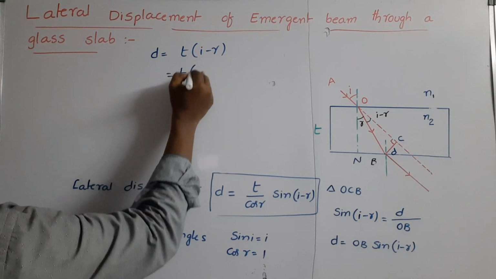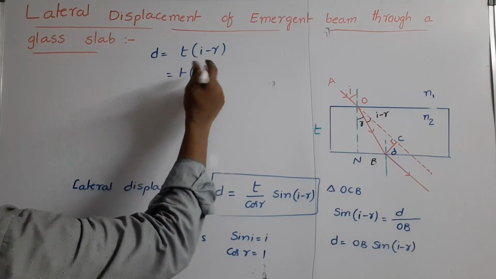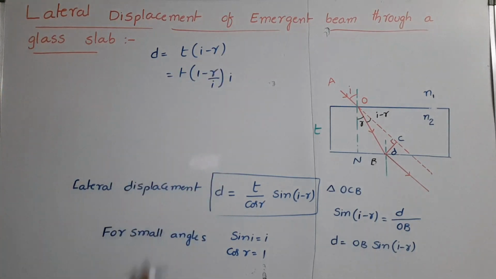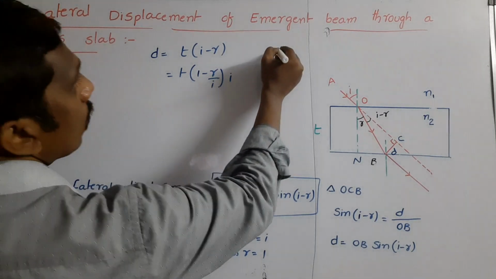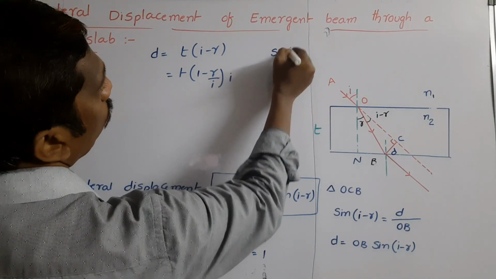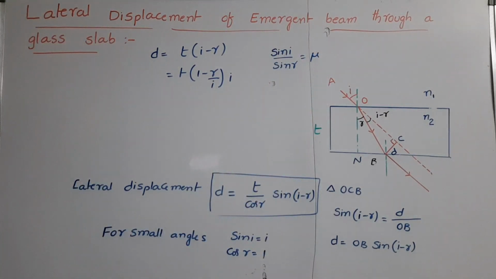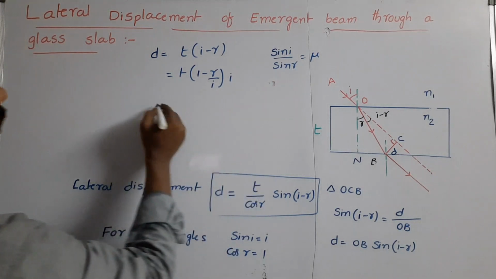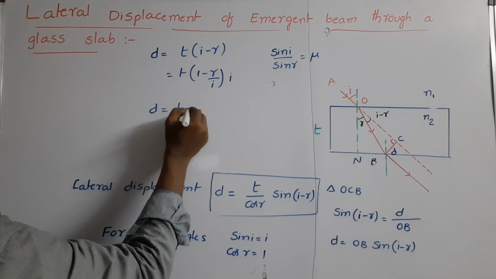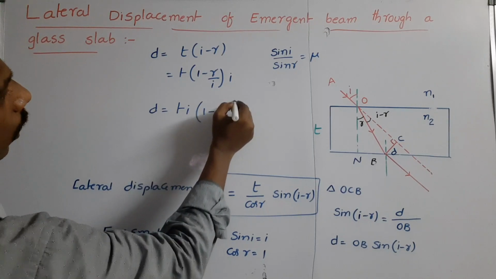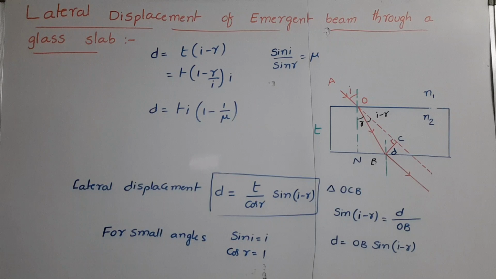If we take i common, we get t into i into (1 minus r by i). But we know sin i by sin r is equal to mu, and for small angles sin i is equal to i and sin r is equal to r. So from that we can write d is equal to t i into (1 minus 1 by mu). This is the lateral displacement formula for small angles.